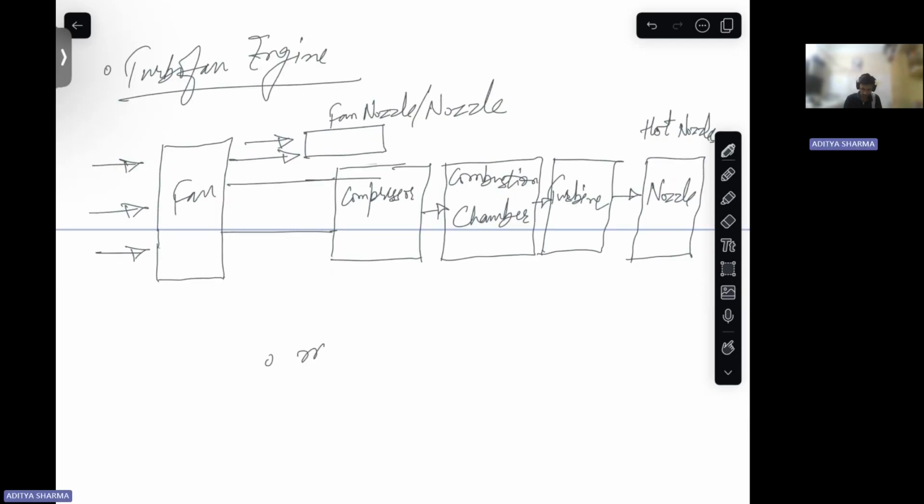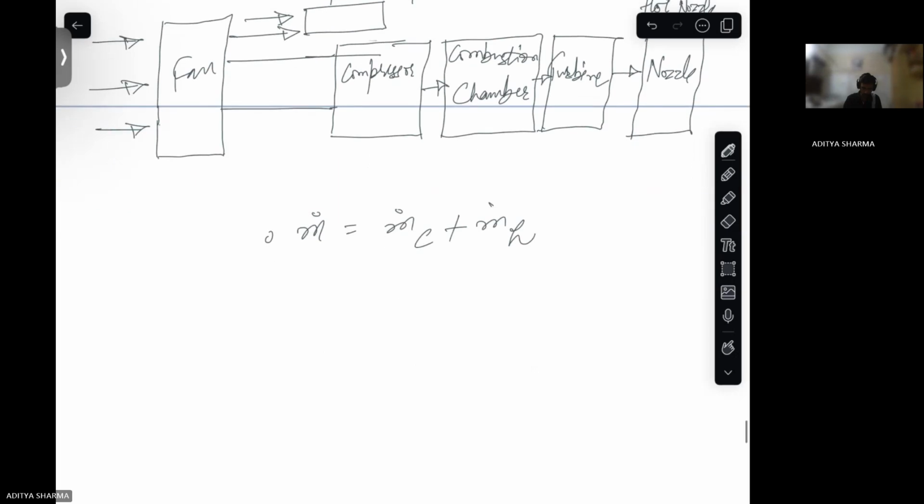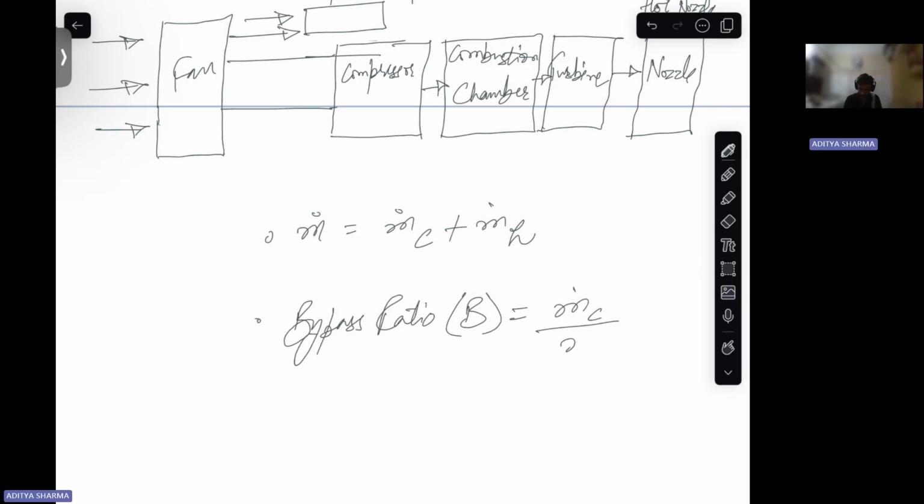So the whole mass flow rate is mass flow rate of cold plus mass flow rate of hot working fluid, right? And then bypass ratio B is equal to mass flow rate of C by mass flow rate of H, right?